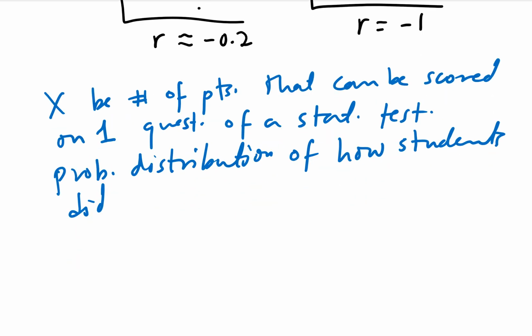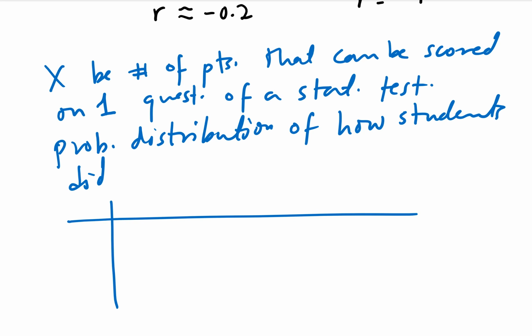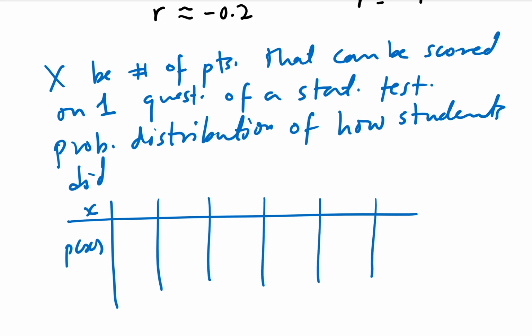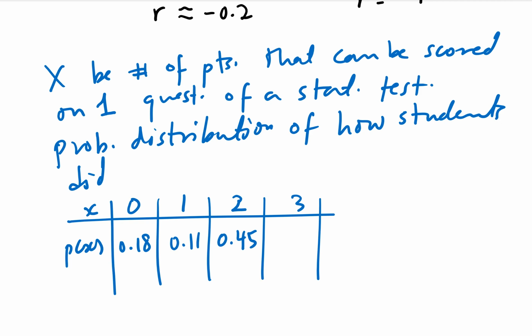So we give you a table, X and P of X. Out of, let's say, 3 points, how many scored 0, 1, 2, up to 3. So say the probabilities are 0.18, 0.11, 0.45, like that.